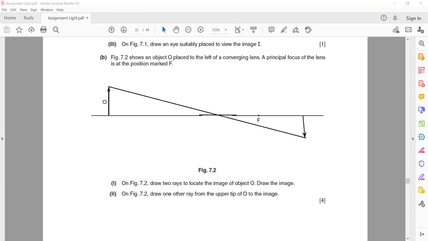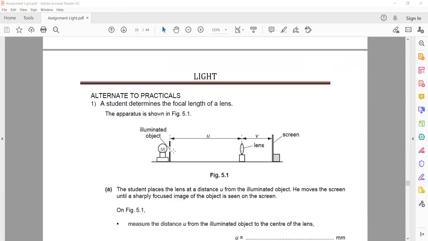The point where this intersects the principal axis is the position of the lens, because the light passing through the center of the lens does not refract. So if a question asks you to identify the position of the lens, you can do it just by drawing a ray of light from the tip of the object to the tip of the image.